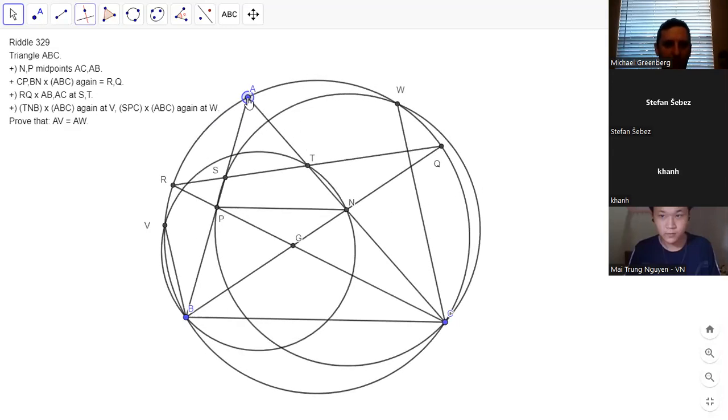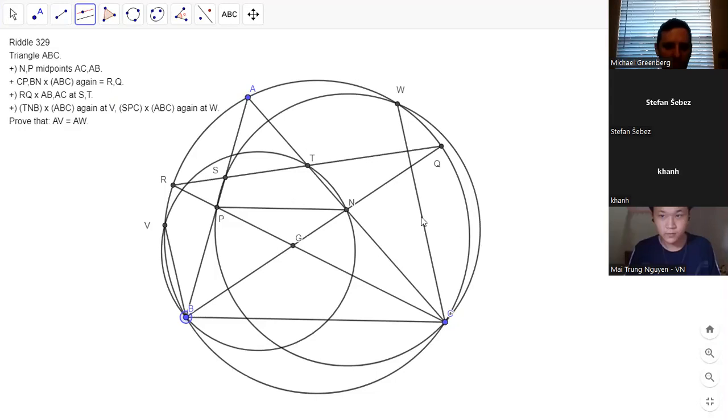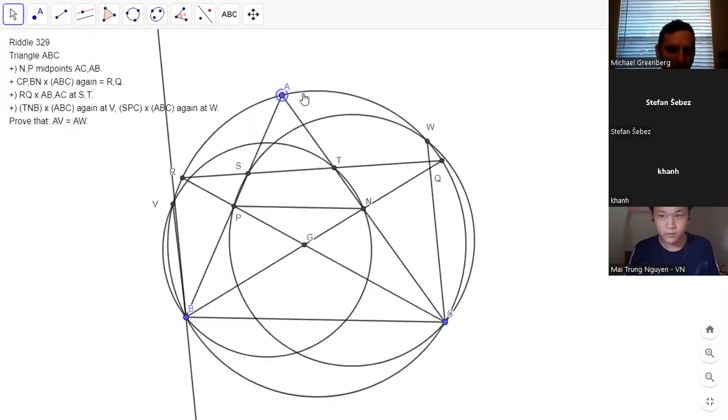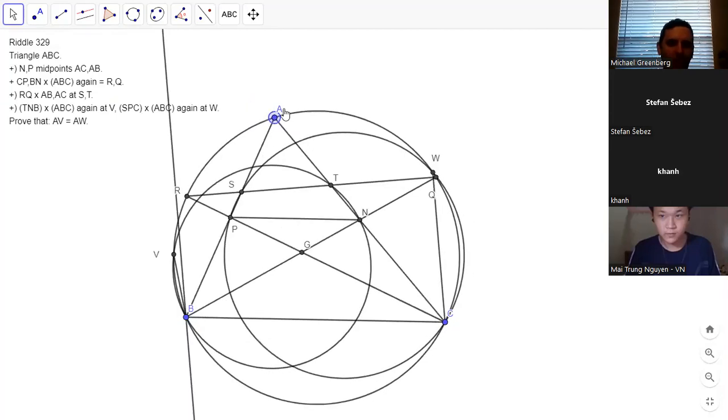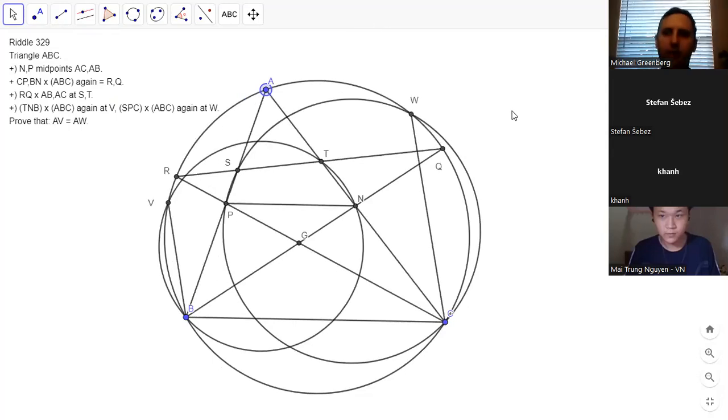Let's see. It almost looks like it. I think they are just slightly, yeah, they're not parallel, although it's very close. One sec, I'll be right back.